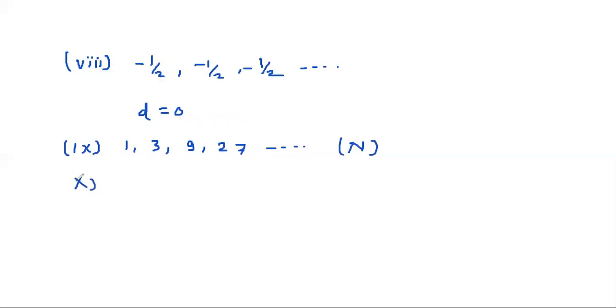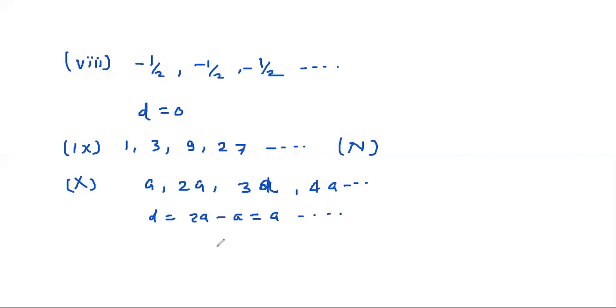Then let's go to 10th question. A, 2A, 3A, 4A, etc. Here common difference will be 2A minus A will be A, and it will be an AP.